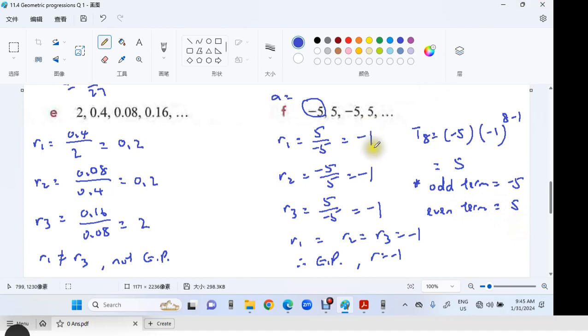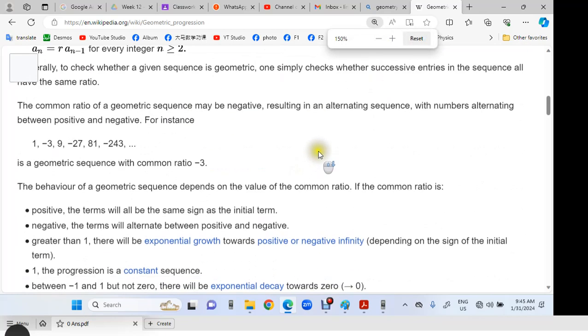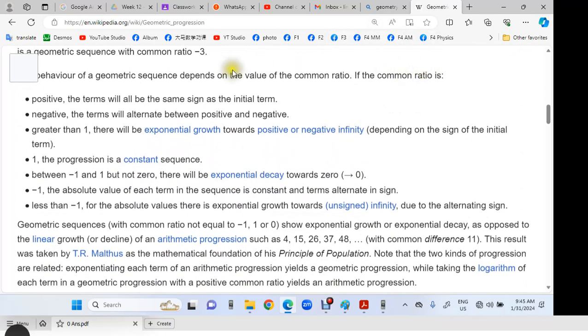Okay, so I checked with Wikipedia. If the common ratio is positive, then the terms will all be the same sign as the initial term, all positive or all negative. If the ratio is negative, then the terms will alternate between positive and negative.